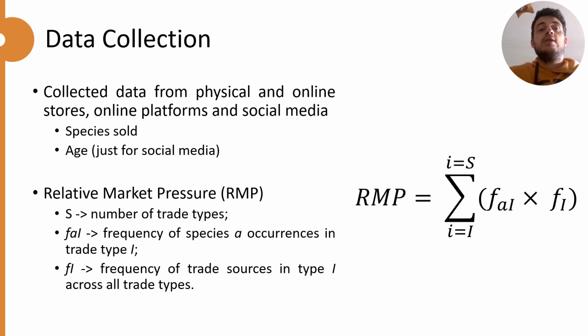This index basically multiplies the frequency of a species in a trade type by the frequency of this trade type in all trade types, and then sums up the multiplications that resulted for all trade types combined.